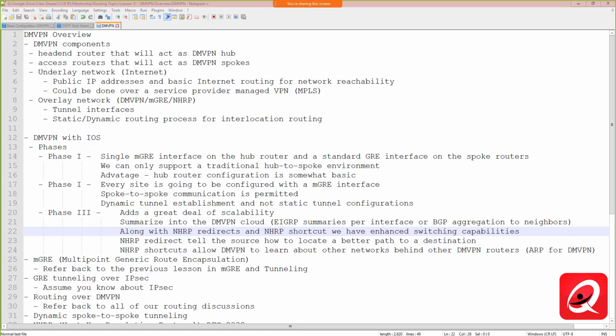The only router that has some unique characteristics is the DMVPN hub, which we also refer to as the NHRP next hop server. That's where we're going to focus a lot of our control plane functionality in our DMVPN domain.